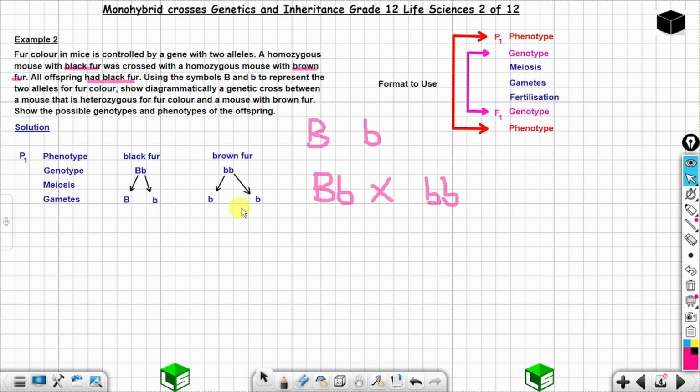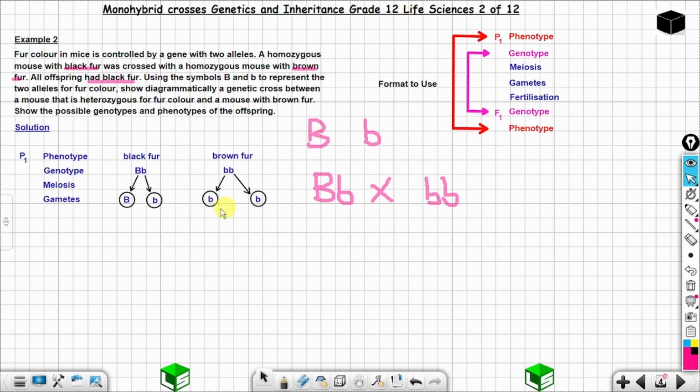Okay, you have your gametes. You have to write them apart. So you can write like this, or you can put them in circles because they are separate. They separate through meiosis. Through meiosis, now you have the gametes.